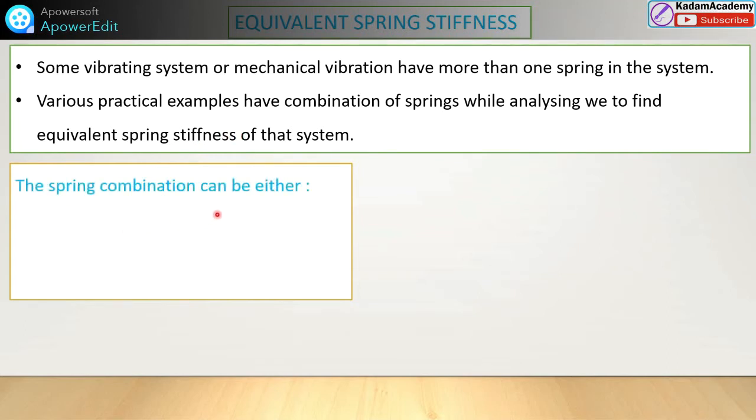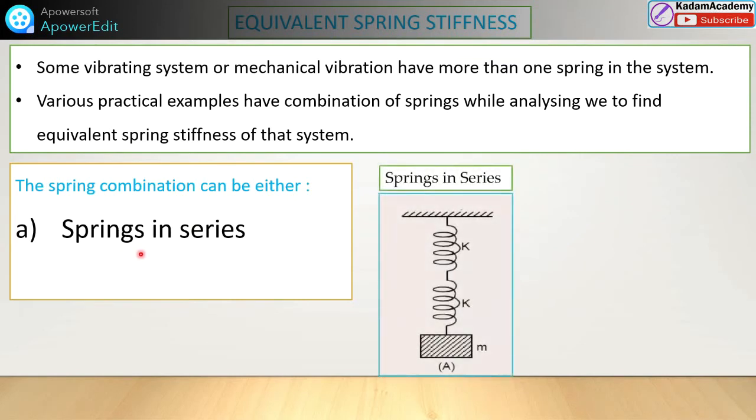This combination can be in series. This is the diagram for the series: spring 1 and spring 2, with stiffness K1 and K2 different, or the same stiffness, with the mass M.